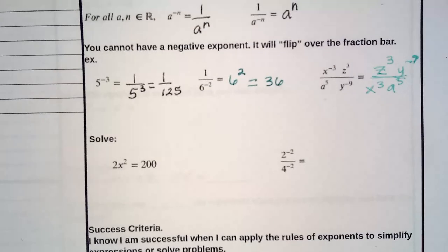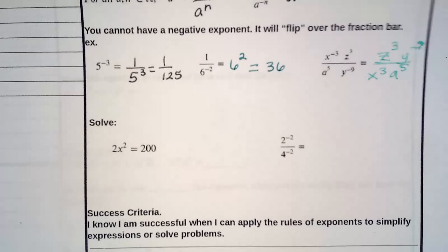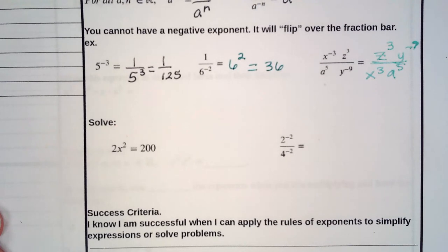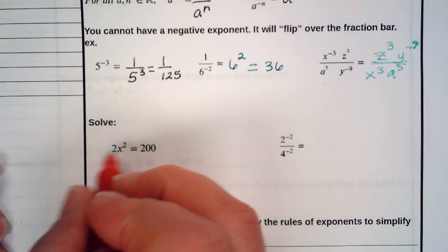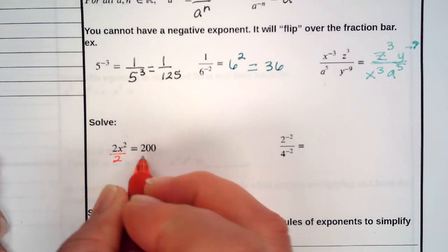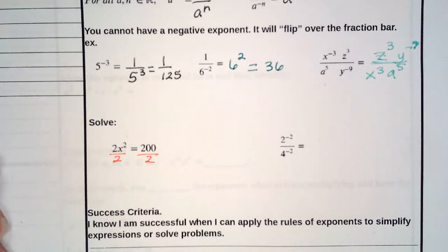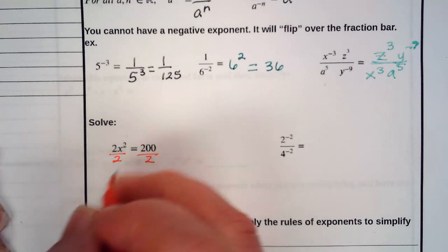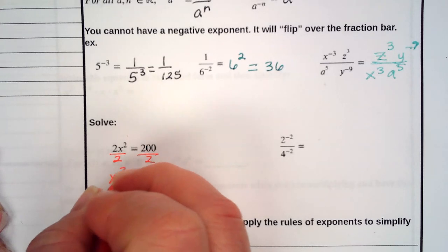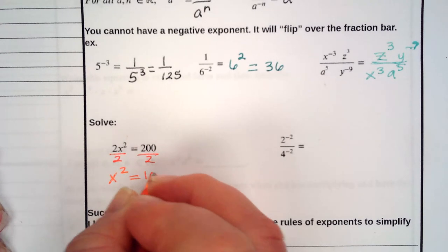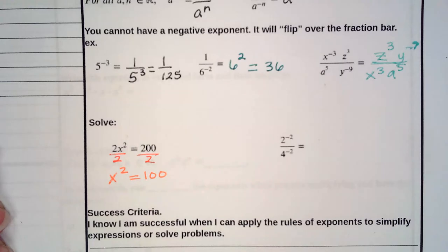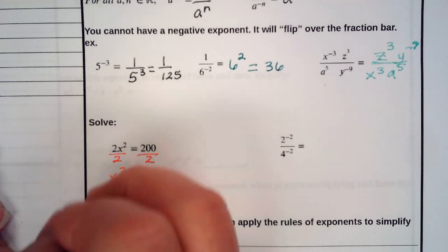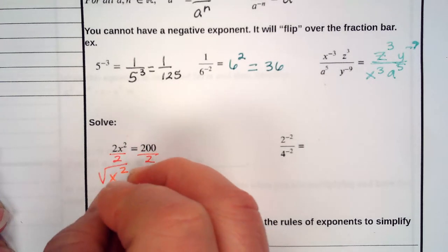Okay, let's see what happens. How do we solve? Well, if I'm trying to solve, the first thing I will do is to get the x squared by itself. I will divide by 2. X squared is equal to 100. The opposite of squaring is square rooting.